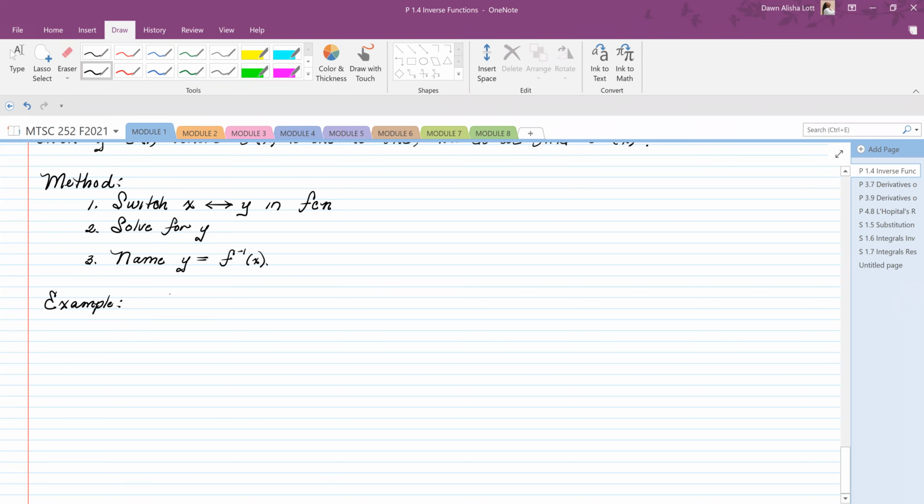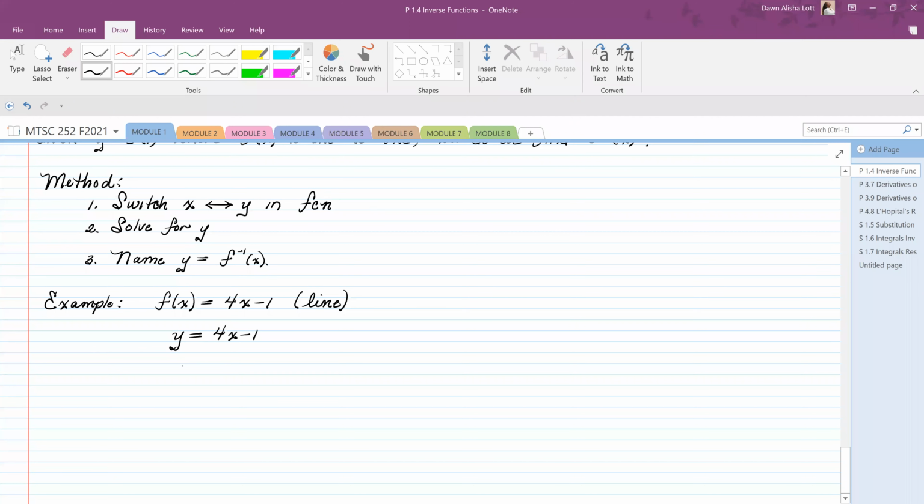I want f of x to be 4x minus 1. Okay, this is a line, very easy, nice and simple. So y, which is f of x, is 4x minus 1.